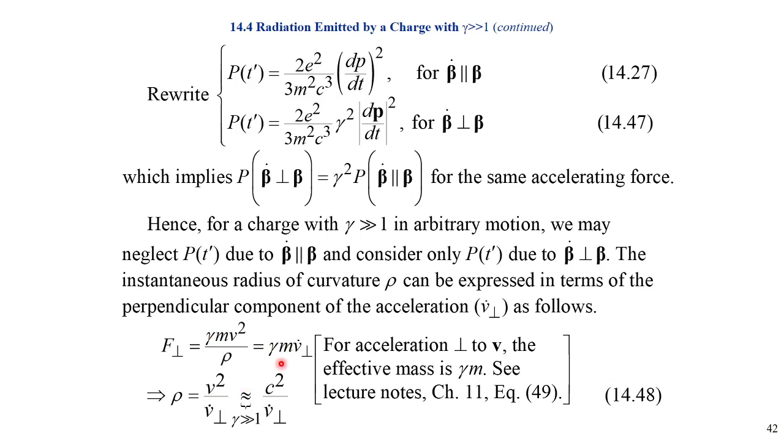We can estimate v dot from these relations. You cancel gamma m. We find rho is related to v squared divided by v dot perpendicular component. That's for gamma greater than 1. Since the velocity is very high here, rho equals c squared divided by v dot perpendicular.